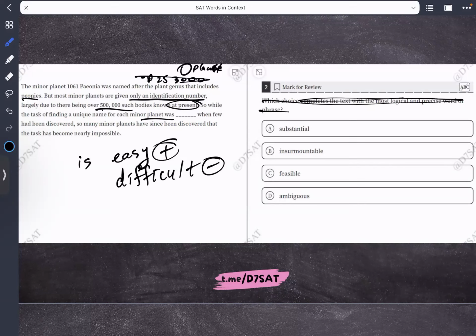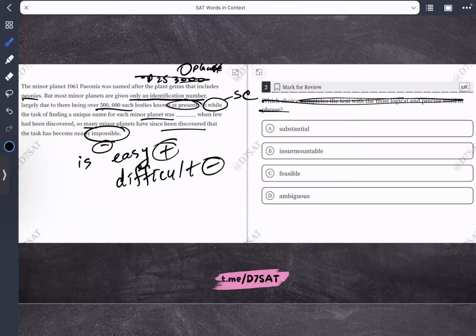So when few had been discovered, so many minor planets have since been discovered that the task has become nearly impossible. So while is a subordinate conjunction, and once it's used, you have two sides, the while part, the dependent part, and the other part, the independent part. If the other part is negative, like impossible, the first part should be the opposite.